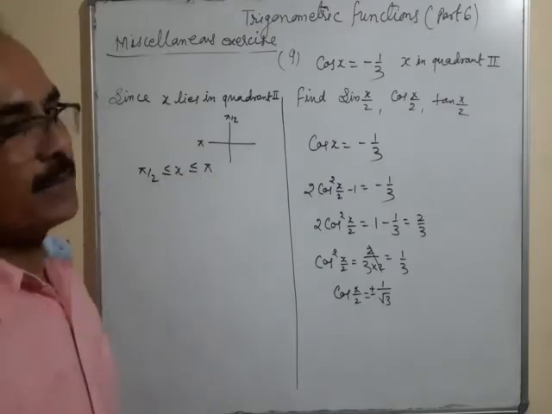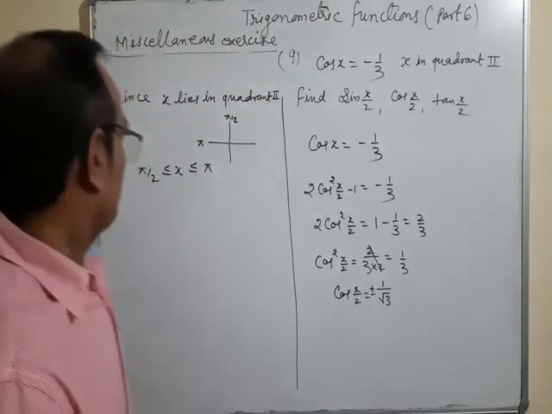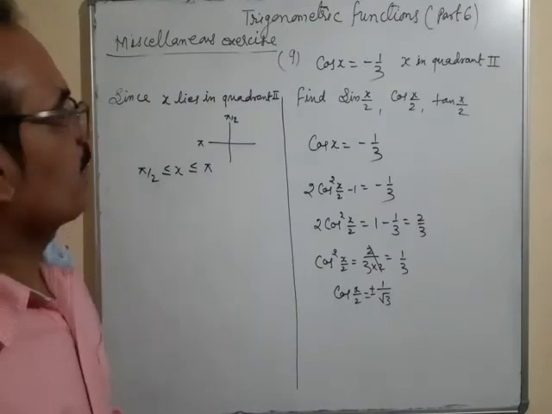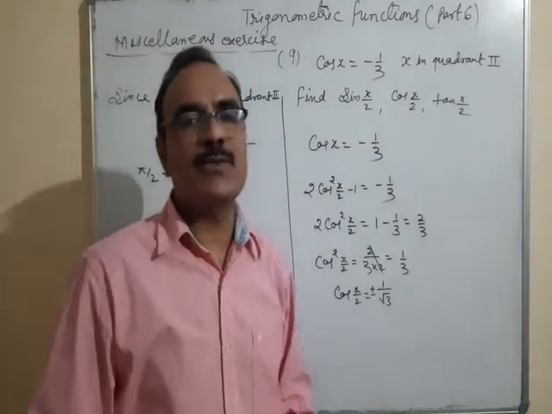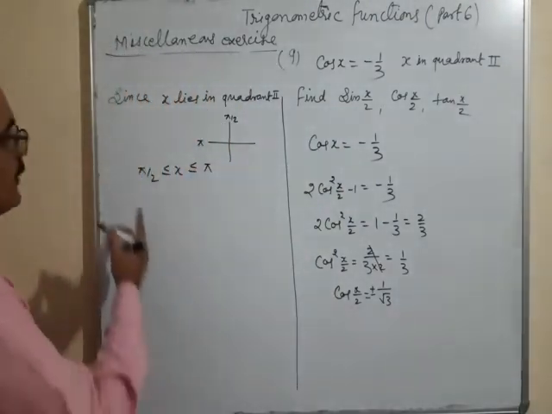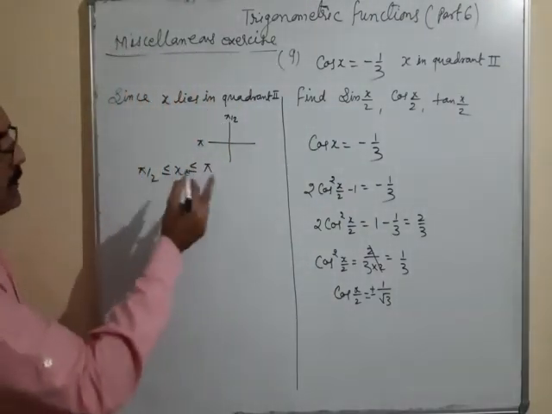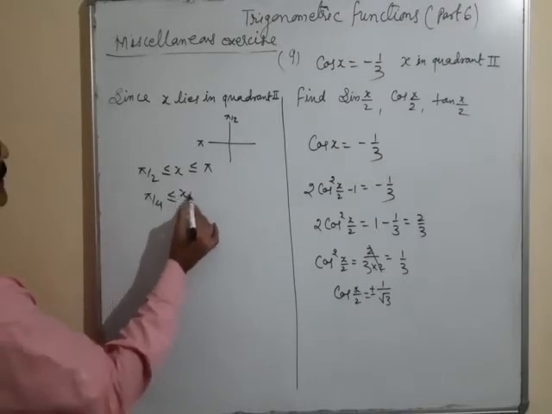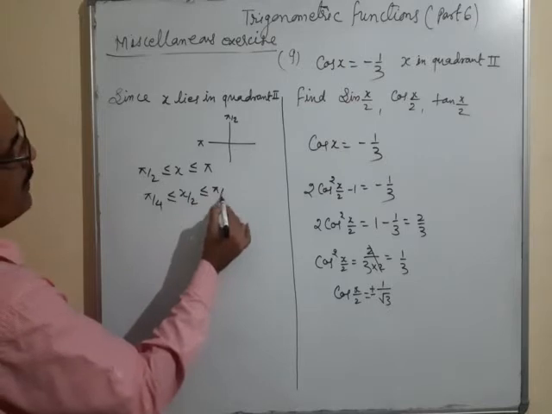We are finding the value of x by 2, so if we divide by 2 to all the terms, then what happens? Pi by 4 less or equal to x by 2 is less or equal to pi by 2.